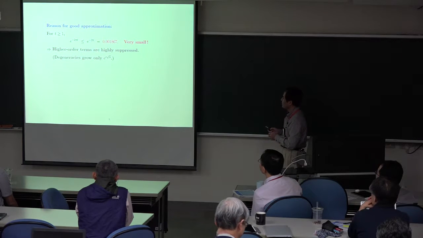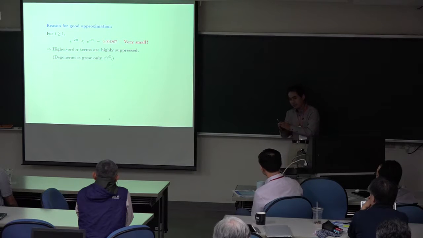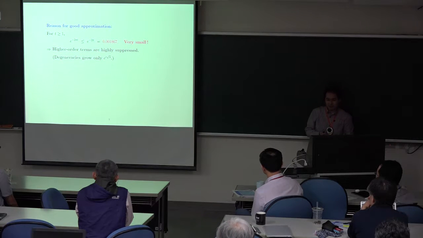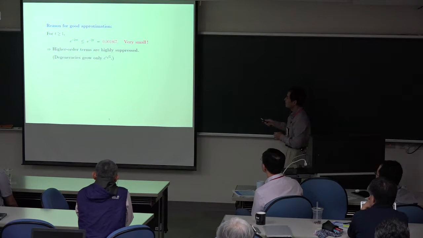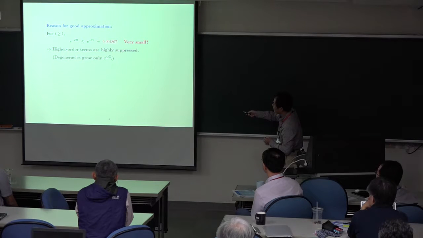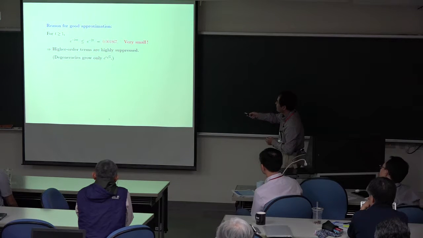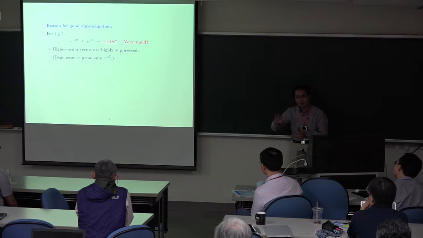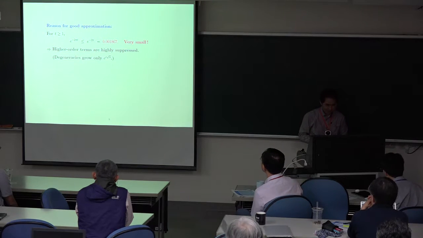You may be worried that in string theory the degeneracy of each mode is very large. But the growth of the degeneracy is only exponential in something times the square root of n, and the suppression factor is e to the minus 2 pi n. So the suppression always wins, finally.